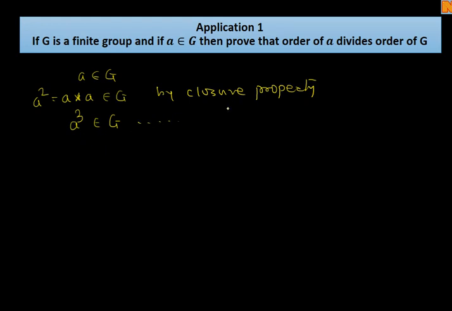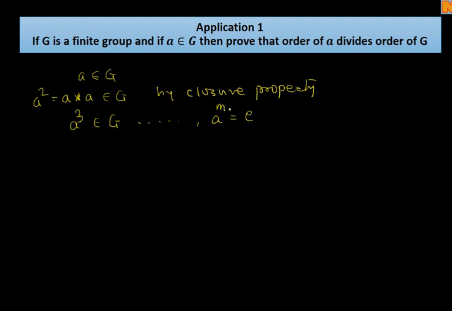Then after some time, I may get A to the power some number, suppose m, and it is equal to E. So from the first time I started multiplying A with itself, I multiplied A star A, m times, and I got E, that is the identity.